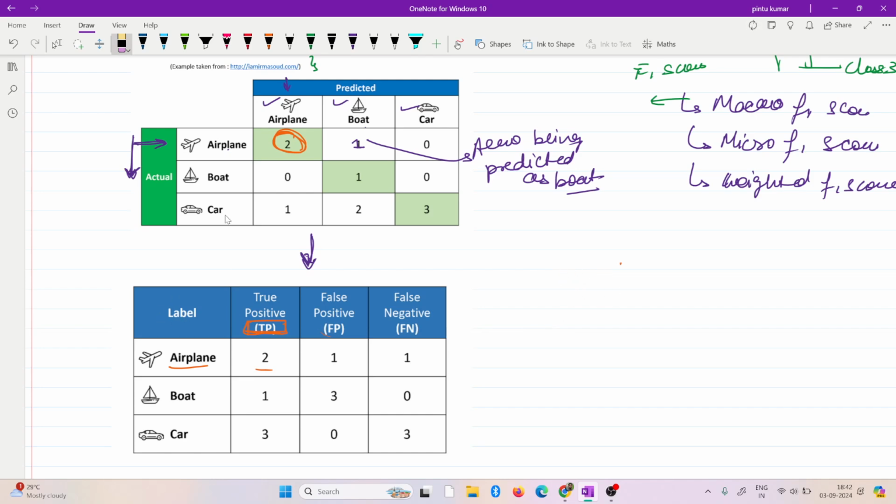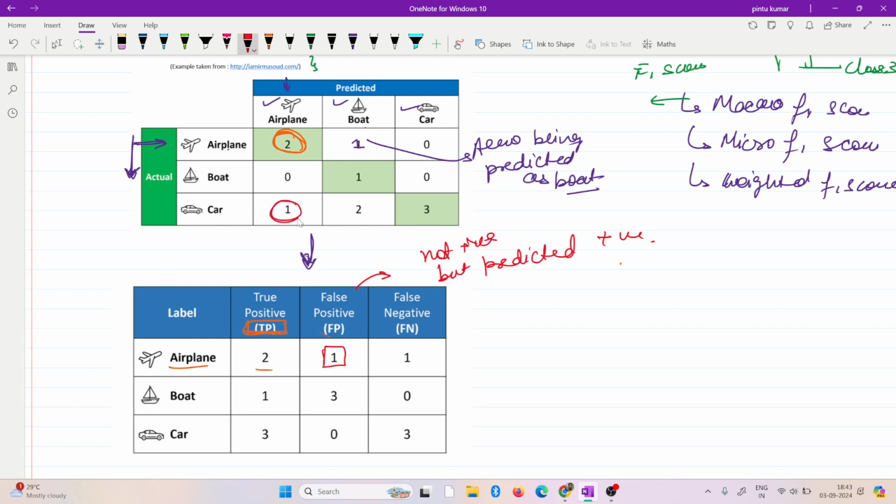The second entry is false positive: points which are not positive, but predicted positive. So what are the points which are not aeroplane, but predicted as aeroplane?